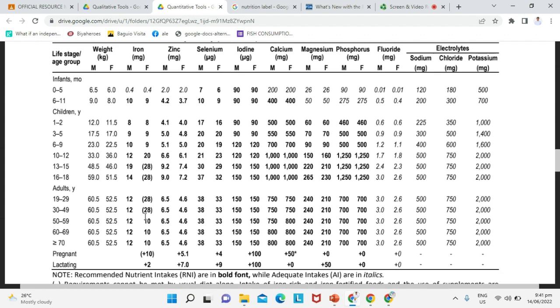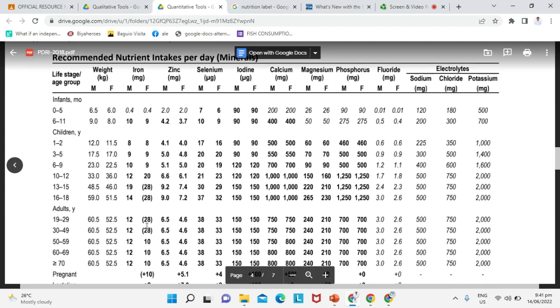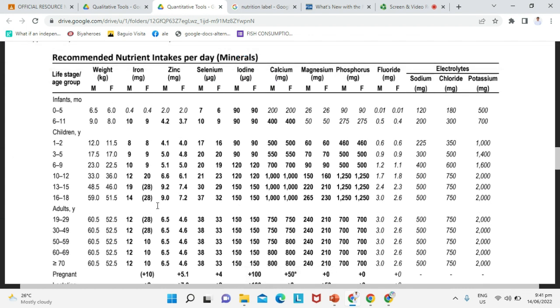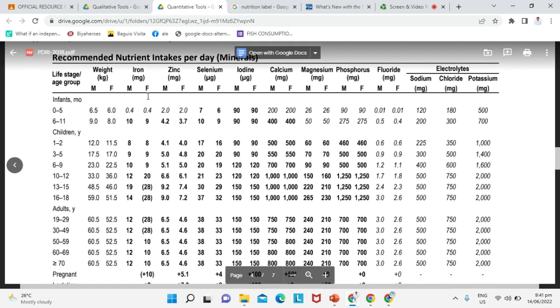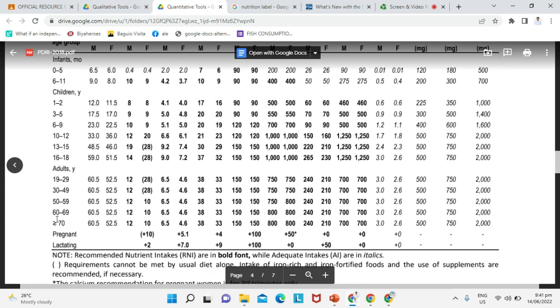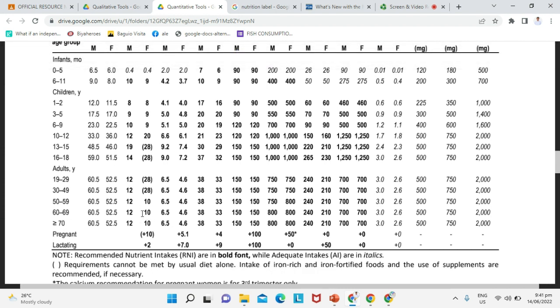So, yeah, mas dako ang kinahanglan sa babae for iron than males. Okay? 28 ilang needs, 28 milligrams of iron. Sa lalaki, 12 milligrams lang. Pero, pag-abot sa menopausal stage, since wala naman garegla ang babae ana kay menopause na sad, gamay nahimo na lang 10. Okay?